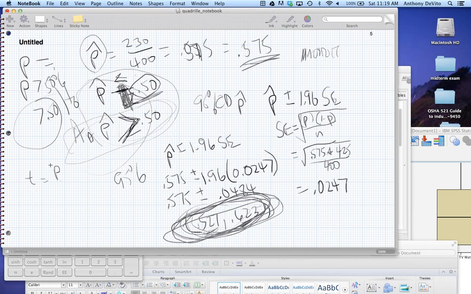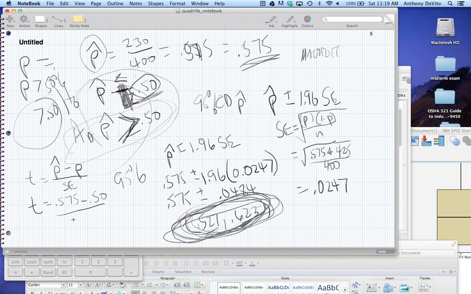T would be Pcap minus P over the standard error. Okay, so T would be equal to, let's see, Pcap was 0.575 minus P 0.50 over the standard error, which was, what was the standard error here?